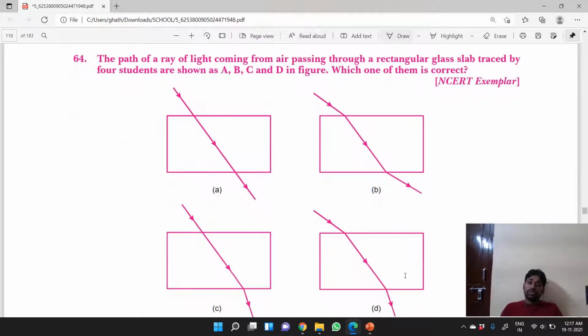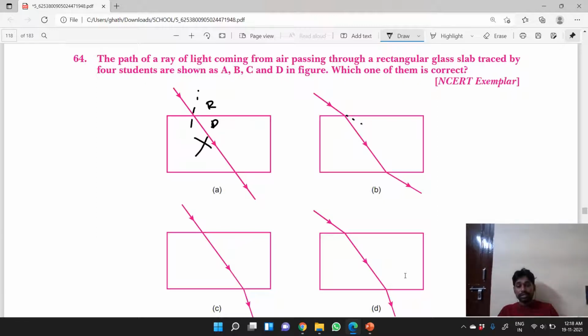64th question. The path of a ray of light coming from air and passing through a rectangular glass slab is traced by four students A, B, C, D as shown in the figure. Which of the following is correct? When the ray is incident obliquely while traveling from rarer to denser, it must bend, it must refract, but here it is not refracting, wrong.